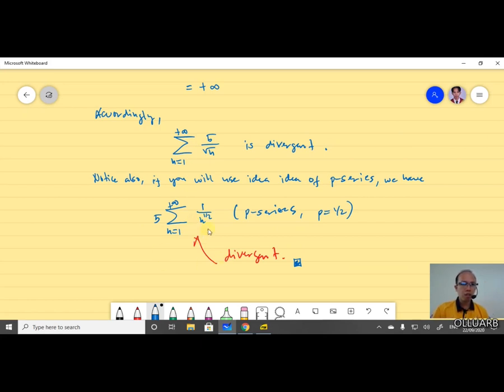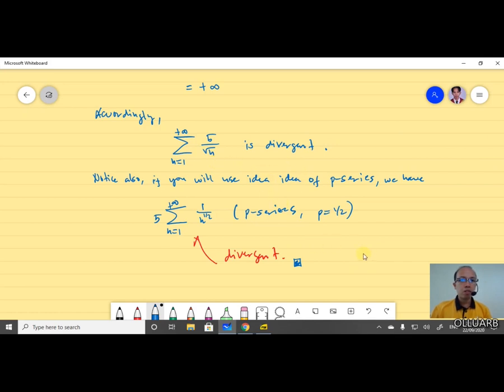As long as you can see how to use the definition of the p series, and the problem satisfies it, you can use it. But if not, if you use the integral test and get the same result, then there will be no problem.